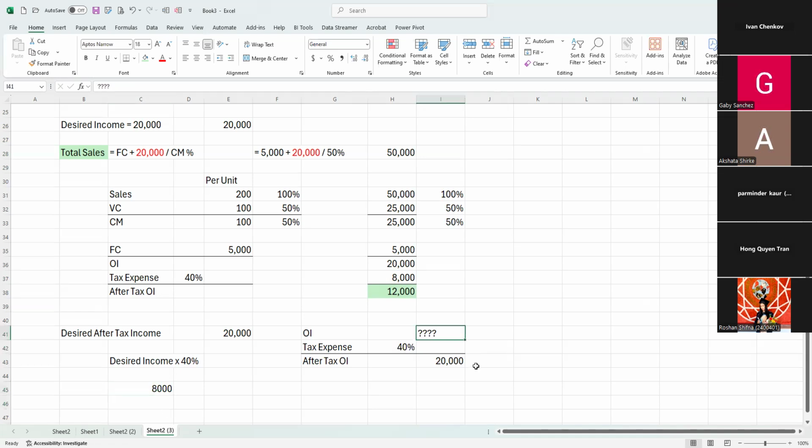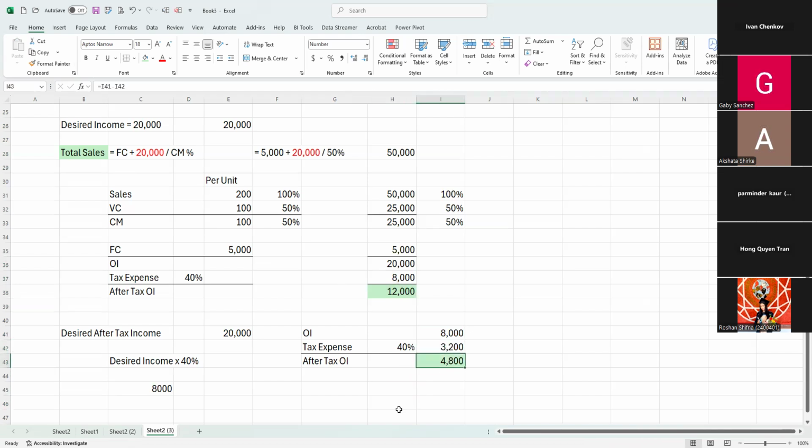So if I put here 8,000 and I have to pay 40% tax expense, that will be equal to this one times 40. Is it going to give me 20,000? What do you think? No. So that doesn't work.